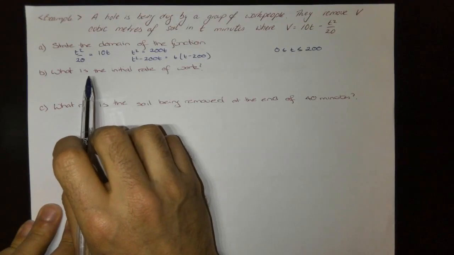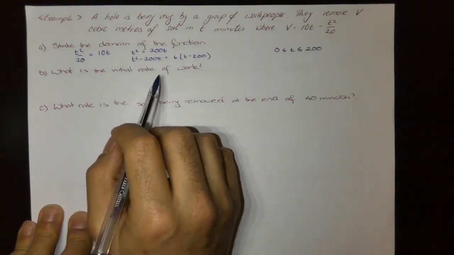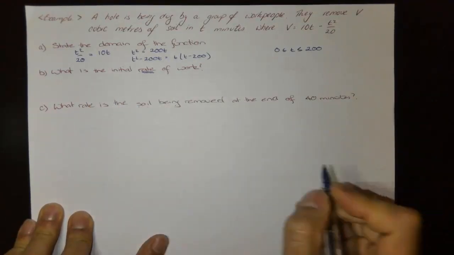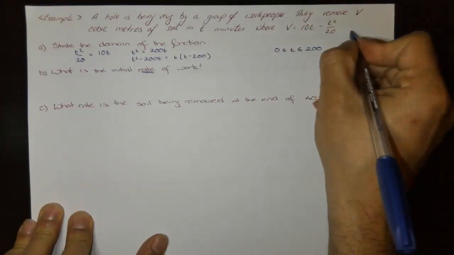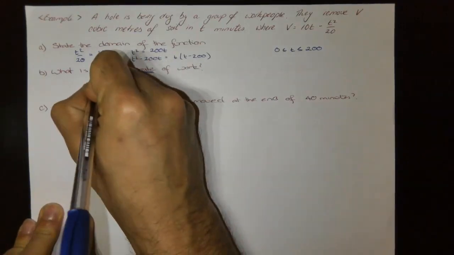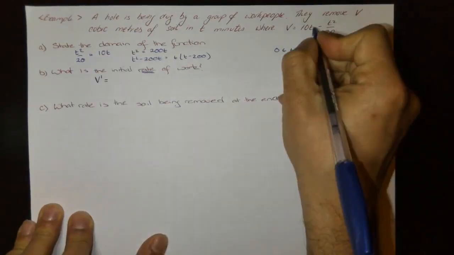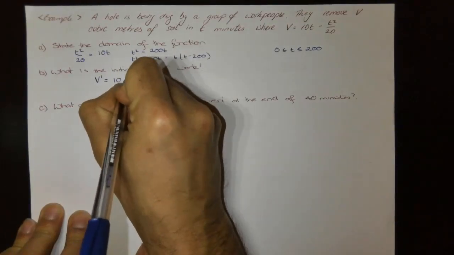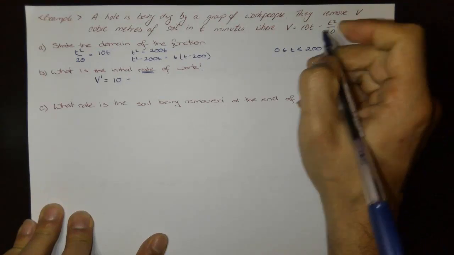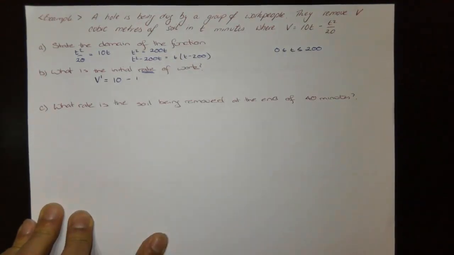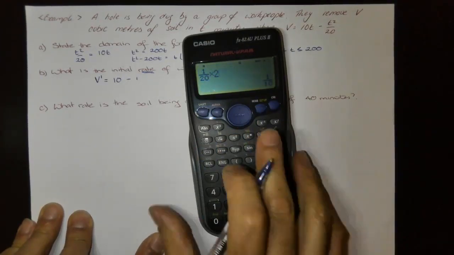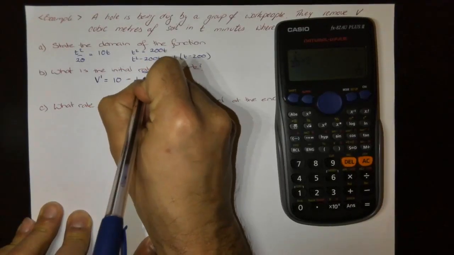So we want to figure out what the initial rate of work is. Okay. So we want to find a rate. So we're going to have to differentiate this with respect to t. So the change in volume, that's going to be 10 minus, 1 over 20 times 2 is 1 over 10, t.